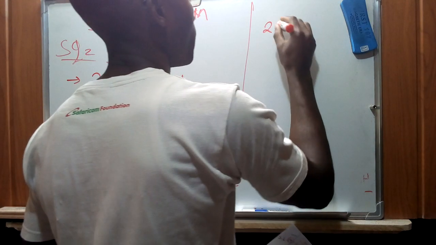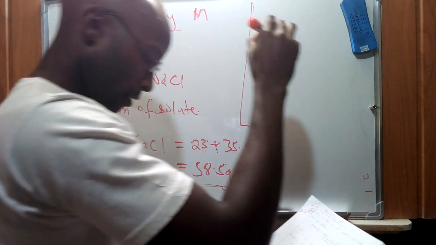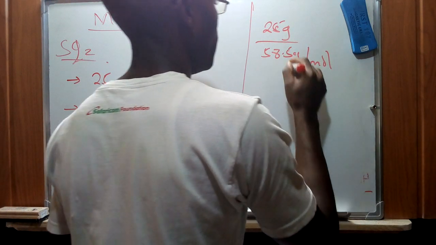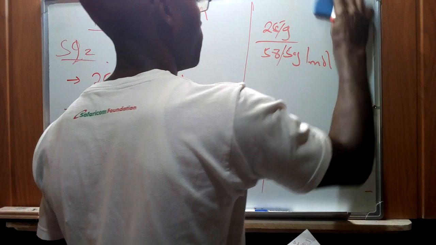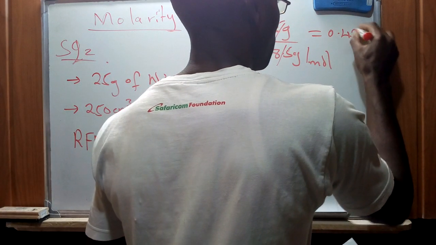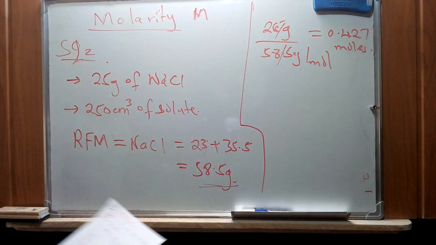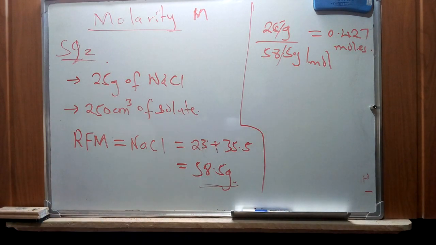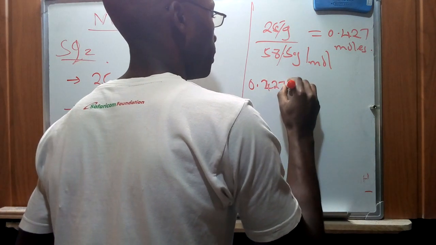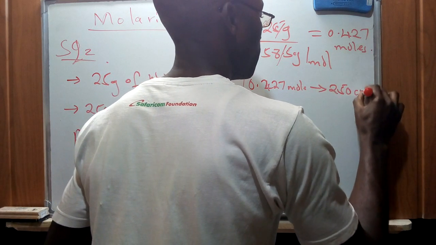So if 25 grams were dissolved and there is 58.5 grams per mole, therefore the number of moles that were dissolved equals 0.427 moles. So 0.427 moles were dissolved in 250 centimeter cube.